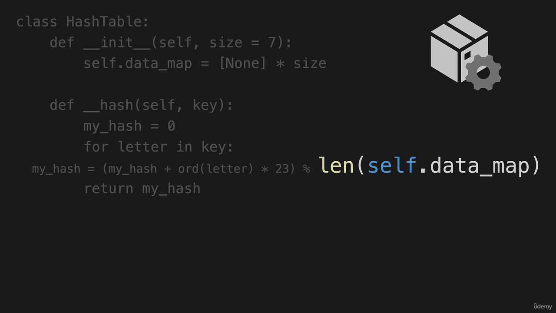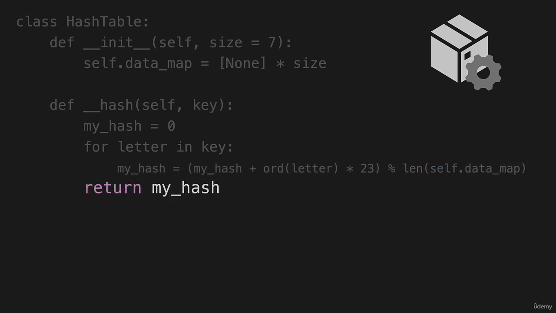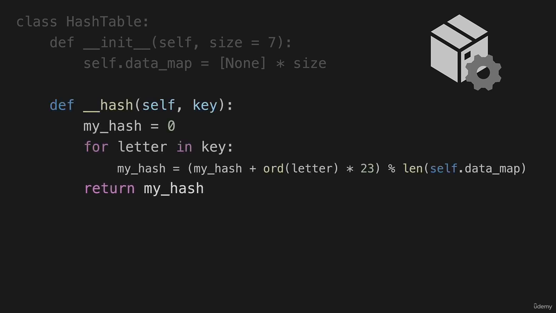And 0 to 6 is exactly our address space. Then after we get done calculating all of this, we are going to return the number, and it's going to be 0 through 6, and that will be the address that we use to place the key value pair in the hash table. So that is our hash method.